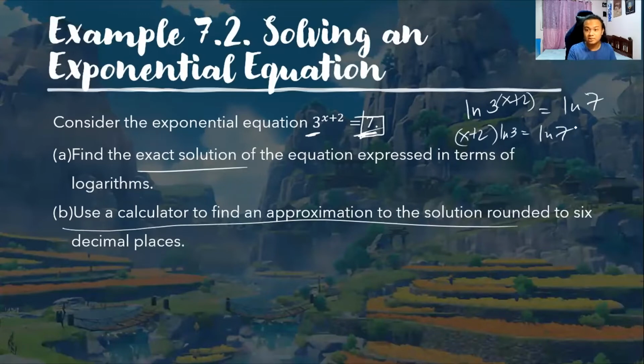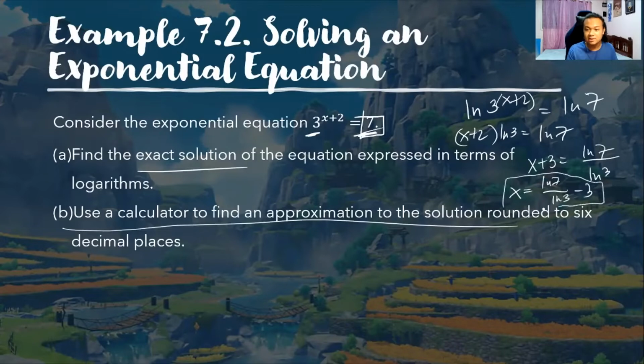Next, divide both sides by ln 3. So x + 3 = ln 7 over ln 3. And lastly, x = ln 7 over ln 3 minus 3.